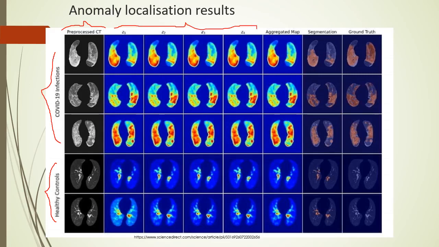Those attention maps are generated from our latent distributions, Zi. The definition of Zi you can find in our publication. The sixth column shows the aggregated map, the seventh column shows the segmentation result, and the last column is the ground truth.